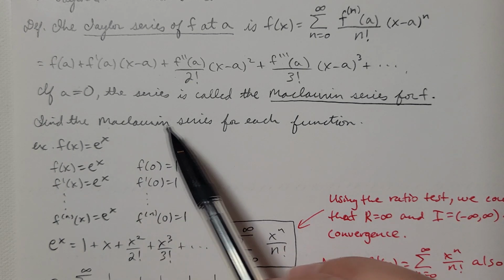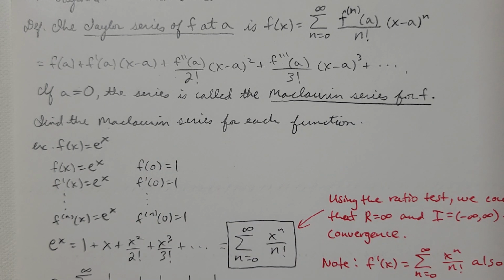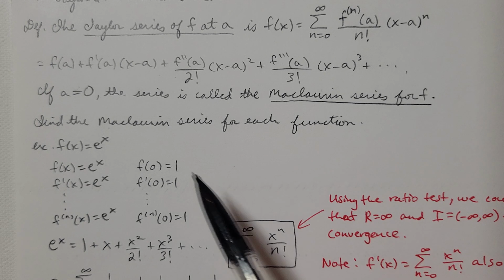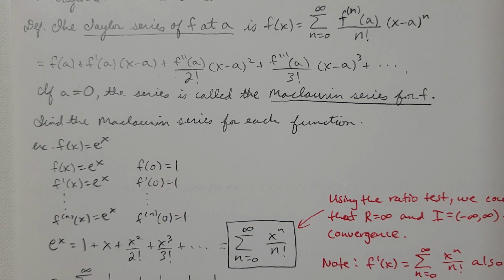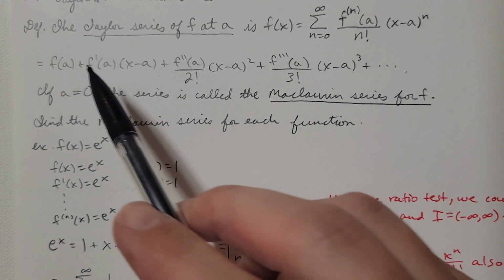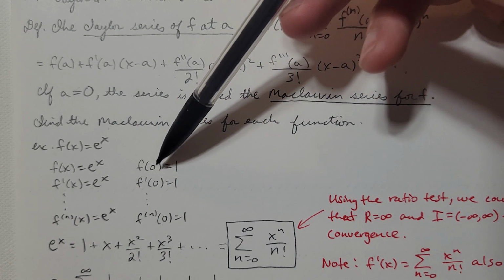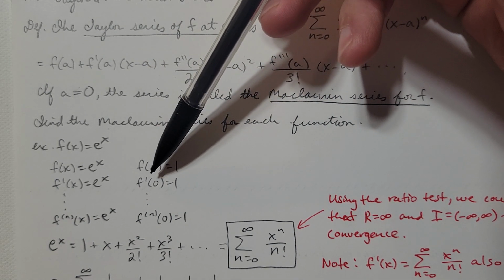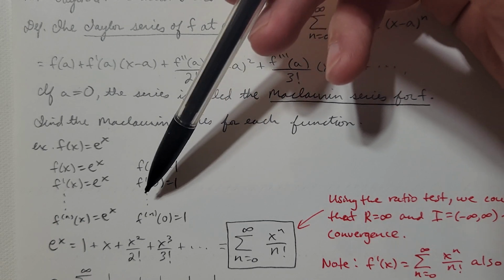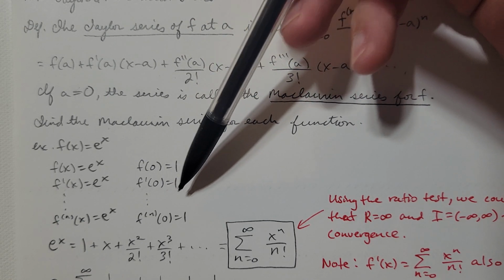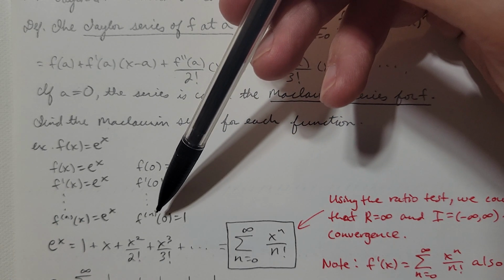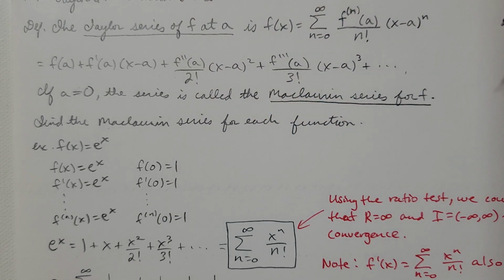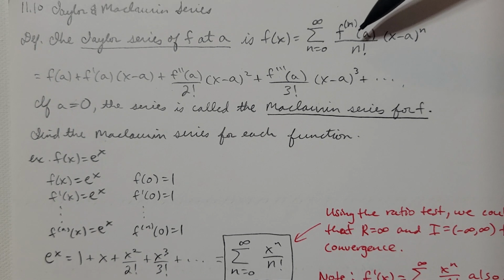Now, a is 0 when you're working with the Maclaurin series. I'm finding a Maclaurin series for this function. So when I plug in 0, e to the 0 is 1. F prime of 0 is 1. F double prime of 0 is 1, etc. The nth derivative of f at 0 is 1. So you're always going to get 1 up top in this part.